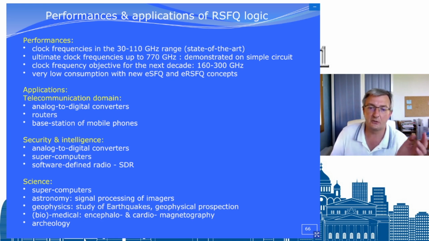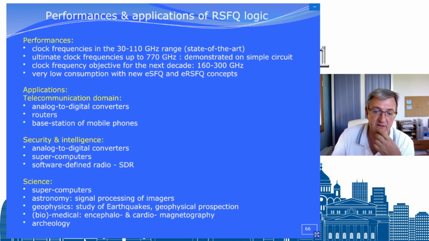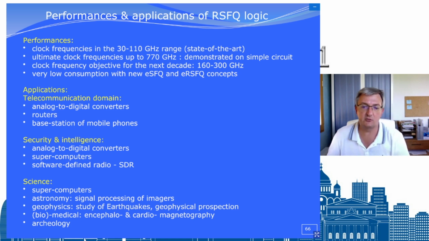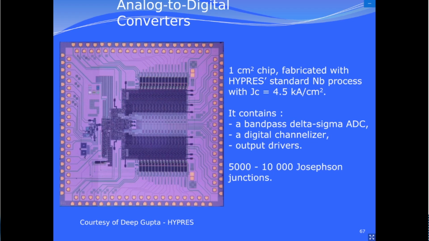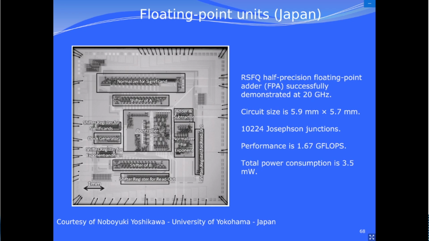Many applications that you can do, right? In different fields, science, security, intelligence, applications in telecommunication as well, analog to digital converters. So there is a big range. Here is an example of analog digital converters made by HYPRES in the US, with nearly 5,000 junctions.